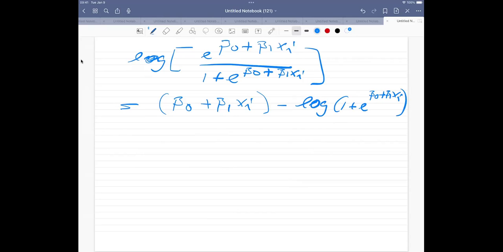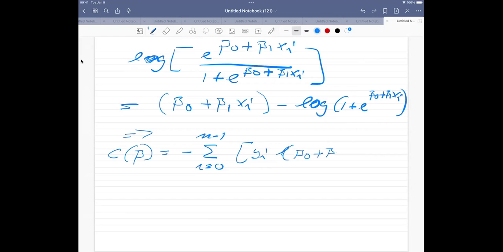And what we are going to get then, so this means that this cost function, when we plug in this specific expression for the probability, we have a sum over i equals 0 to n minus 1. And then we are going to have y_i multiplied with beta_0 plus beta_1 x_i.